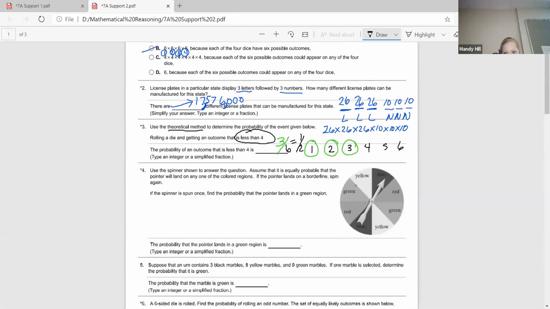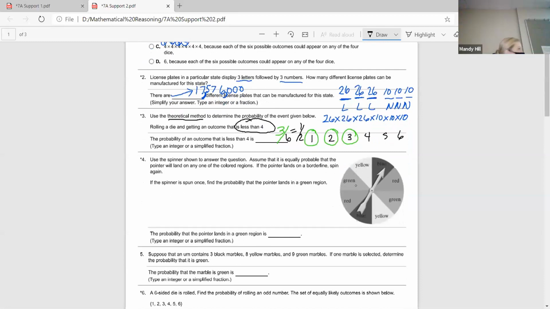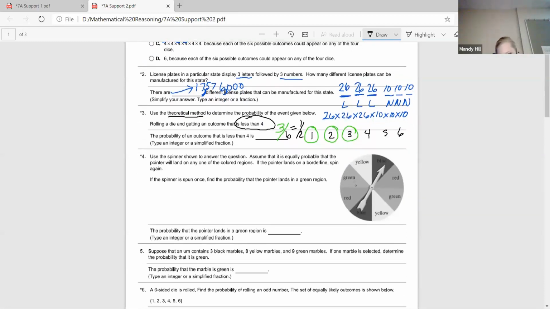On your paper, if you've got the hard copy, it's really difficult to read these. This is a little bit clearer, but number 4 says, use the spinner shown to answer the question. Assume that it is equally probable that the pointer will land on one of the colored regions. If the pointer lands on a borderline, spin again. So if the spinner is spun once, find the probability that the pointer lands in a green region.